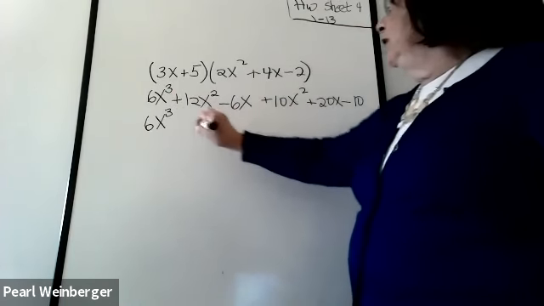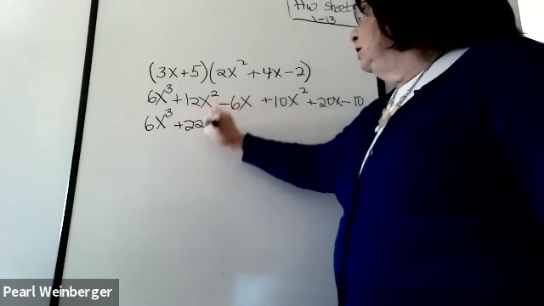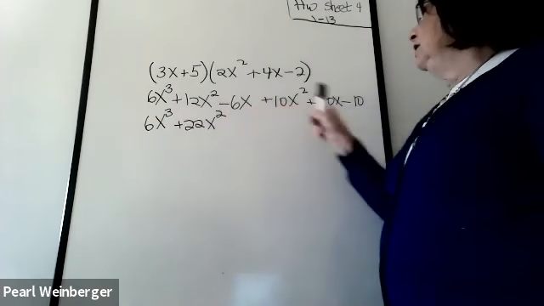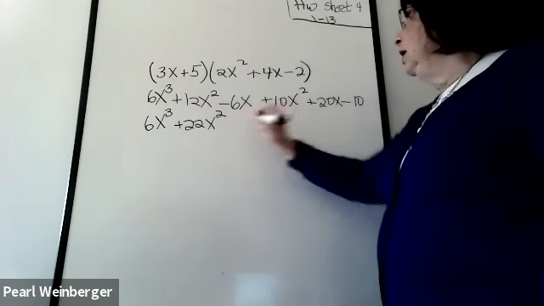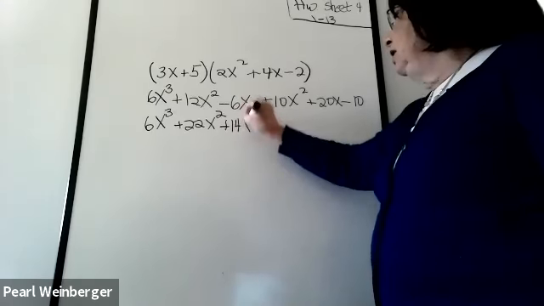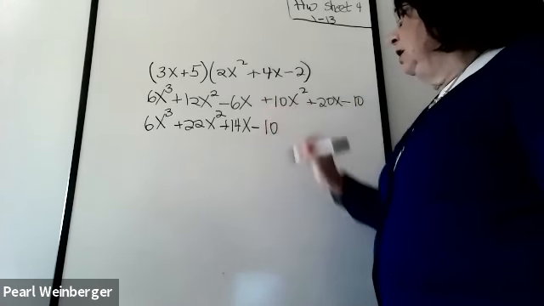So 10 and 12 gives me 22. So that becomes 22x squared. I have this negative 6x. I can combine that with a 20x. Negative 6 and 20 is plus 14. So this becomes plus 14x. And just minus 10. There's nothing to combine that with.